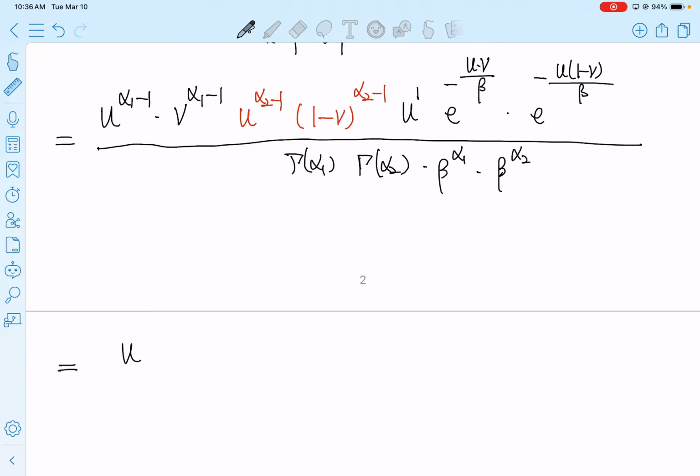So this is equal to alpha 1 plus alpha 2 minus 2 from here plus a 1. Okay, so this is where the power, the earlier alpha 1 plus alpha 2 minus 2 plus 1, is coming from. Any question up to this point?